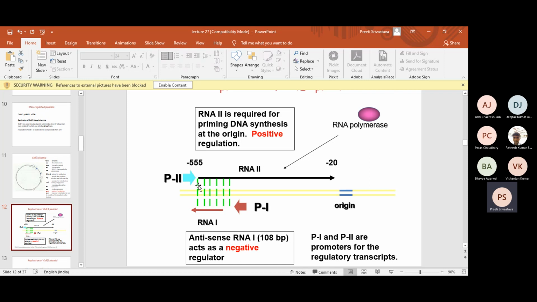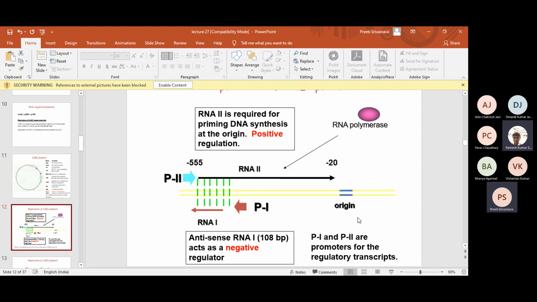So this is the origin of replication, and over here is a promoter called P2 which transcribes RNA2. The position of this promoter is at least 555 base pairs upstream of the origin of replication.